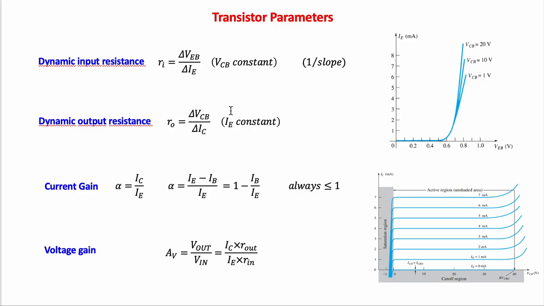For R in, the resistance is really low, because this is a forward biased diode. So the result will be very high. We can confidently say that the voltage gain of the common base transistor is really high, but the current gain is below 1. All right, this is all for this video.